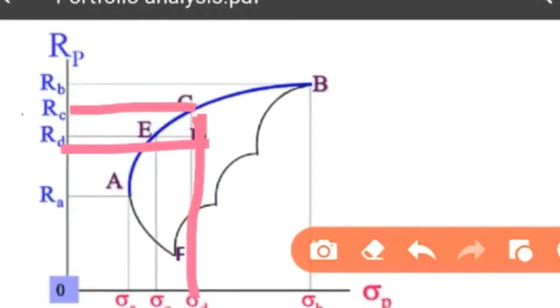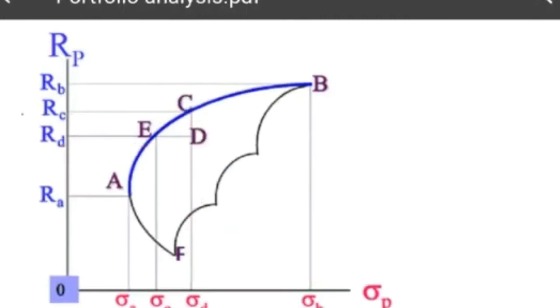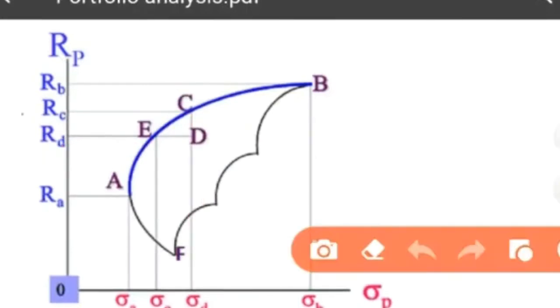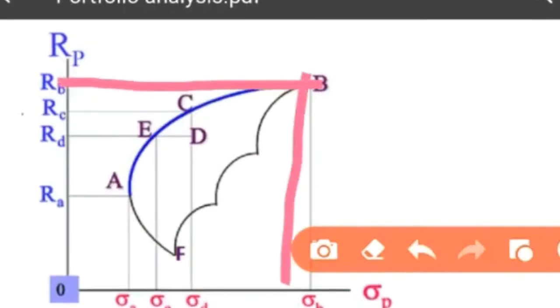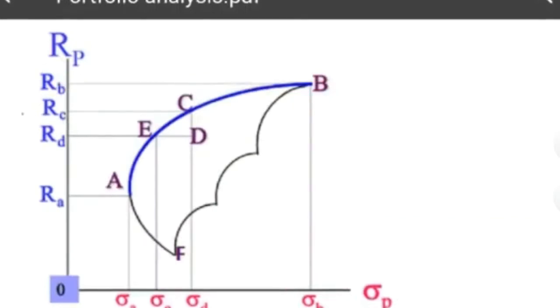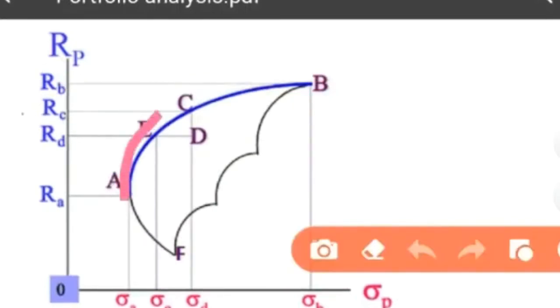Again, which is the dominating one? The dominating one is C. So C becomes the efficient portfolio and D becomes the inefficient portfolio. When we talk of B, B has the maximum return and the maximum risk. So they are saying that all the efficient portfolios lie on the boundary of AECB.